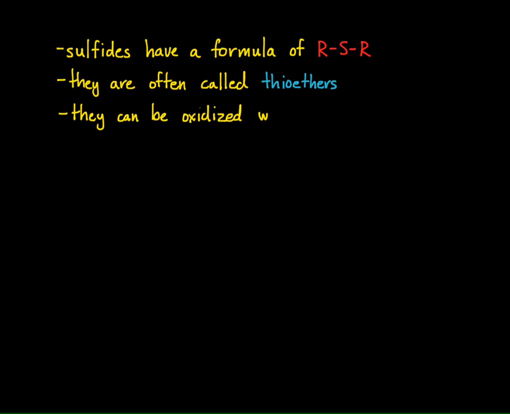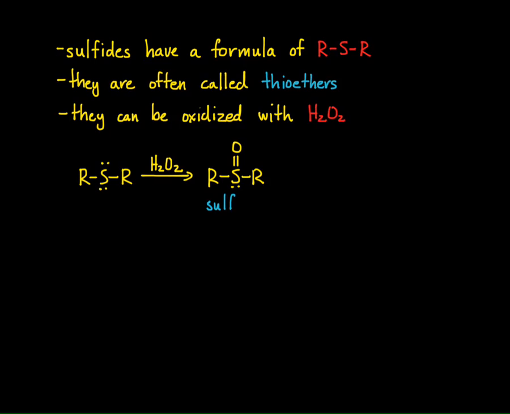And they're oxidized fairly readily with hydrogen peroxide. So if I take a sulfide and I treat it with hydrogen peroxide, I get this, and this is called a sulfoxide, right? So dimethyl sulfoxide is formed from dimethyl sulfide reacting with hydrogen peroxide.